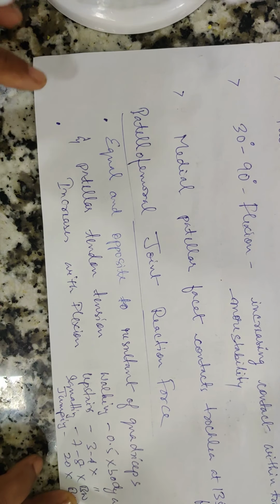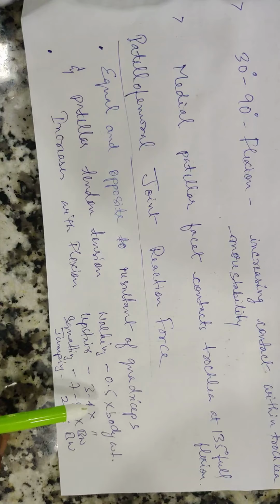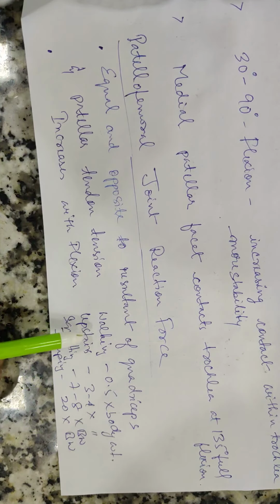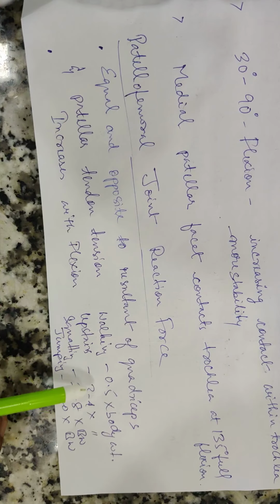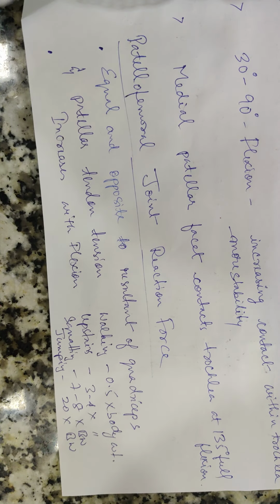While walking, it increases by 0.5 times the body weight. While climbing upstairs, 3 to 4 times the body weight, squatting 7 to 8 times, and in jumping you can see 20 times the body weight.